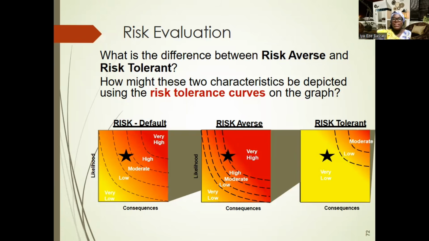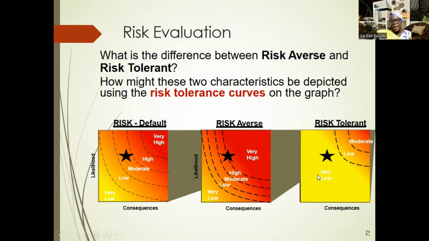So you find out that the space for very high risk becomes bigger compared to other ones. But for the risk tolerant people, you will find out that anything goes. So their graph looks like this, with a very large portion depicting very low.